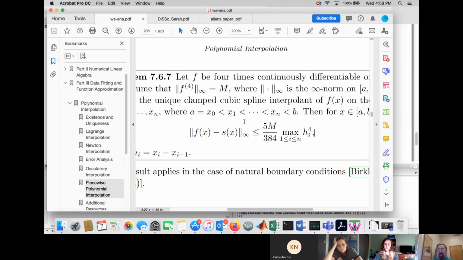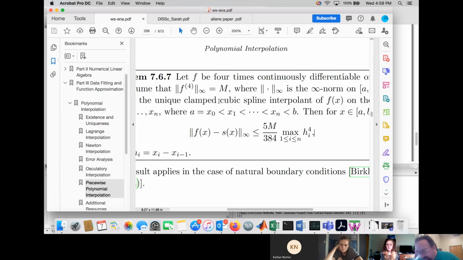Now, last time I stated a similar result. You actually prove it in the homework for the linear case where it was h squared. For a cubic case, it's h to the 4th. So if you use more and more points, you have smaller spacing between them. The error goes to 0 very rapidly. So that's a nice feature to have of cubic splines.